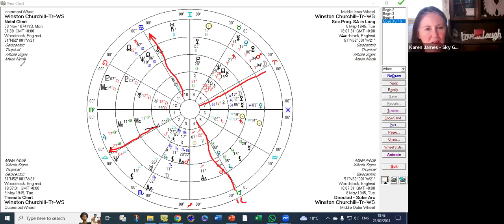So turn that off. So basically, Saturn is currently traveling in Churchill's chart between the MC and down to the ascendant. And what Grant Louis had to say about that was that as Saturn is coming towards that ascendant, the person can reach a second peak.